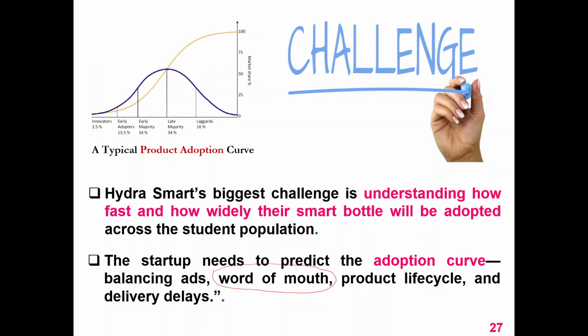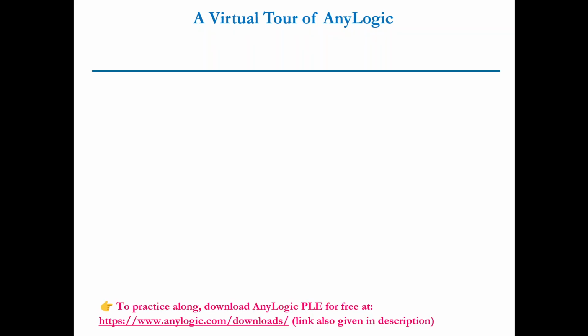Now before we start modeling in AnyLogic, let's have a small brief tour of AnyLogic. The link is mentioned in the description. You have to download the Personal Learning Edition, and then install it like other software.